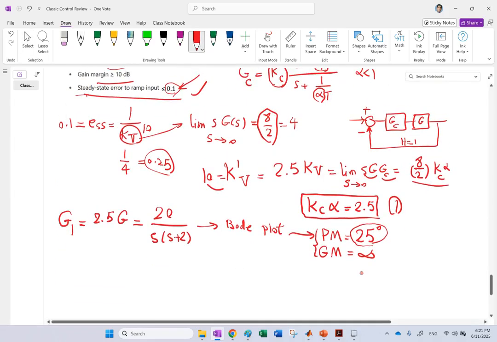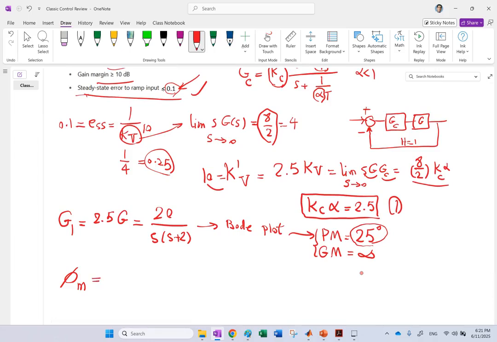So the phase deficiency that I have, and the maximum of it from a lead, phi m, is equal to the desired phase margin, 50, minus the actual one, 25. But it is always recommended that you add at least 10 extra degrees to this to be safe, because when you add the lead compensator, it shifts the gain crossover frequency.